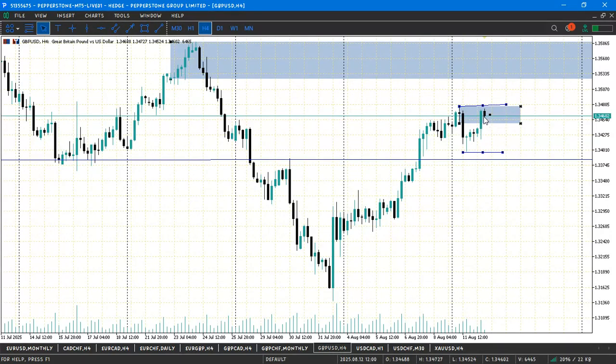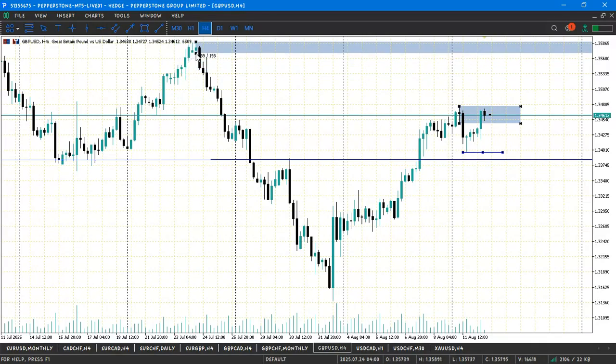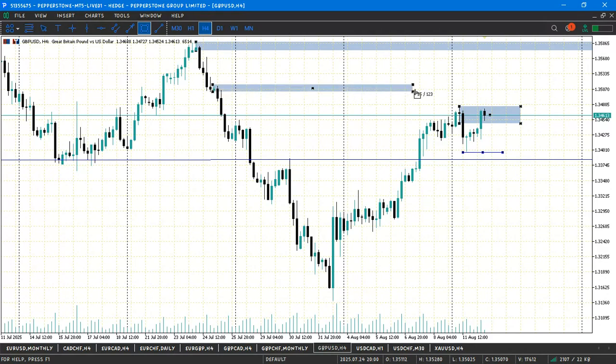We are currently at this area of supply at 4 hours, and for me, I am still patient, waiting for the market to take out all this liquidity and either head to this optimal order block or supply area, or this one here.